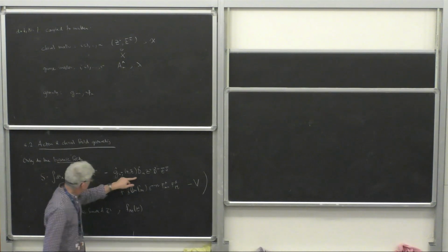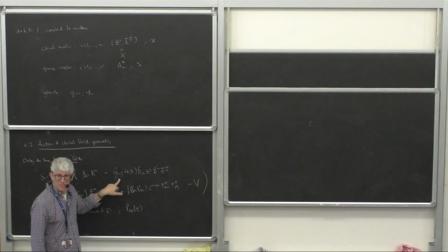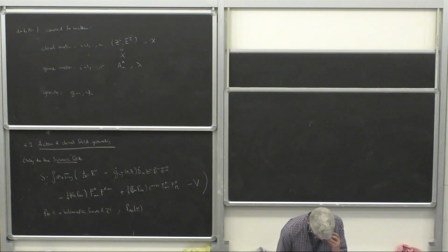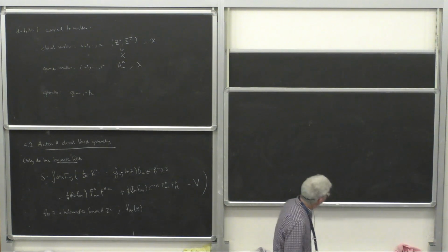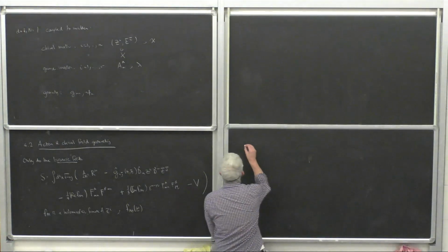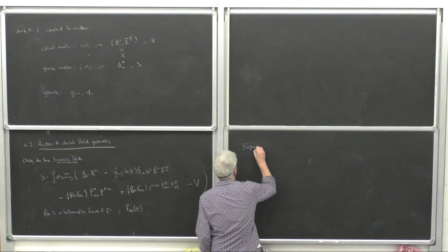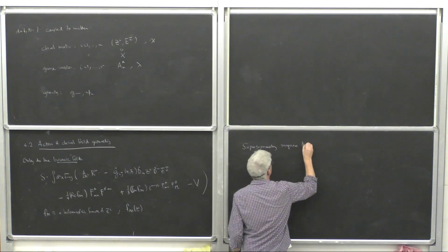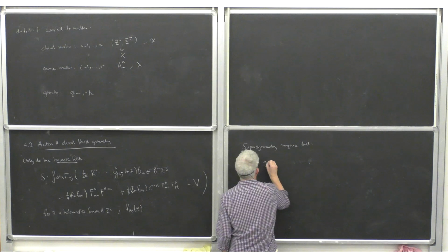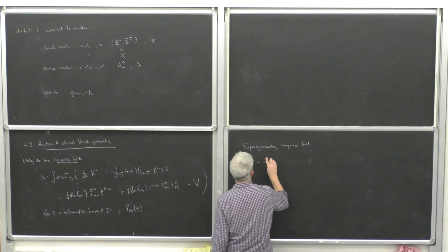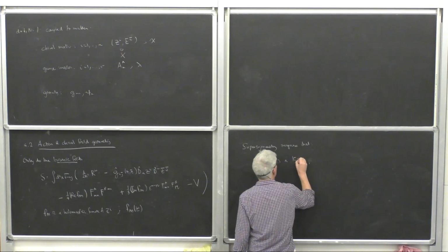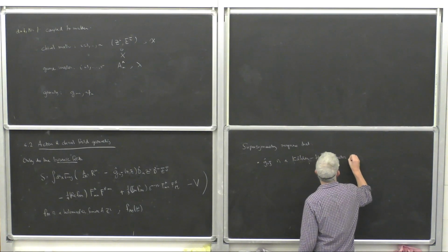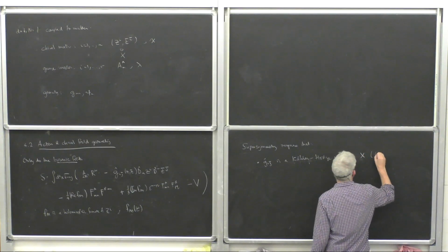In particular, it tells you what this metric on the space of fields can look like. It turns out supersymmetry imposes that this G hat i j bar is a Kähler-Hodge metric on X, the field space.